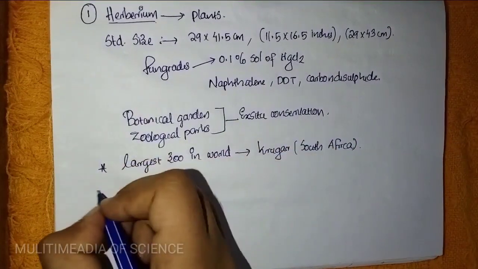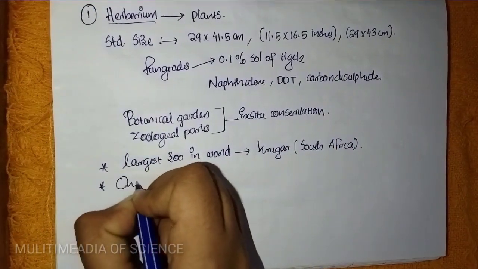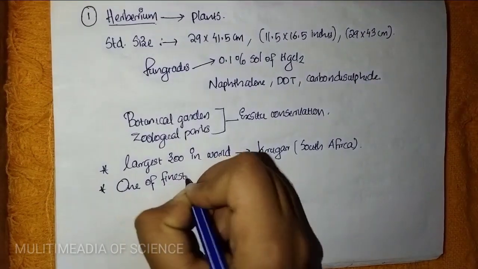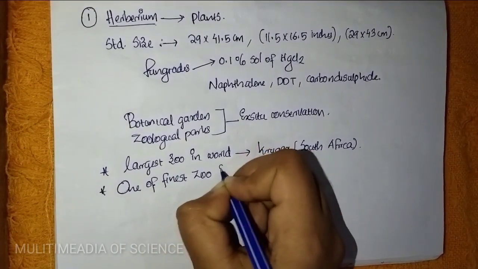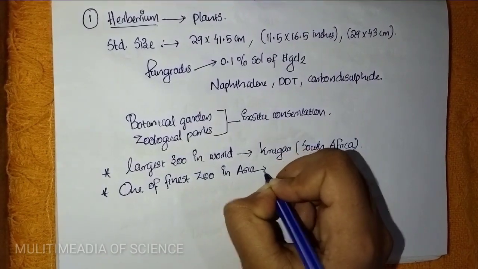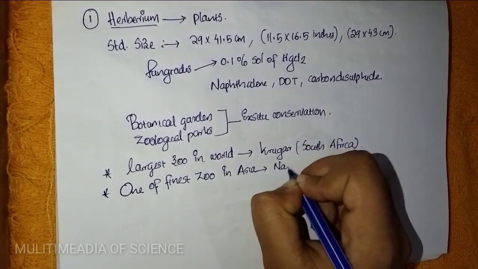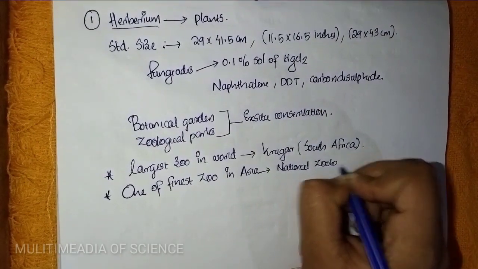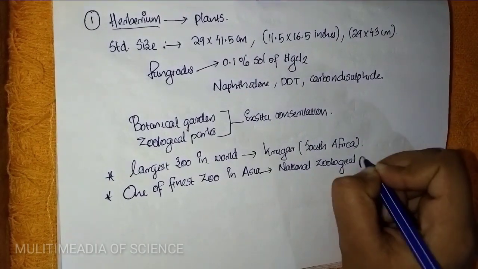Clear? Next, one of the finest zoos in Asia is the National Zoological Park in India.